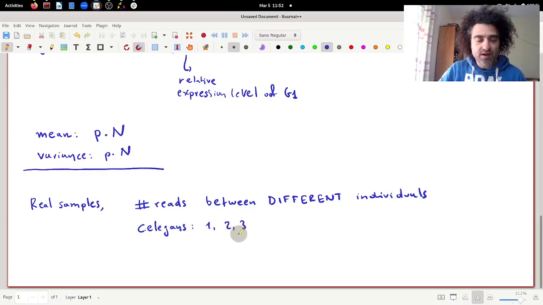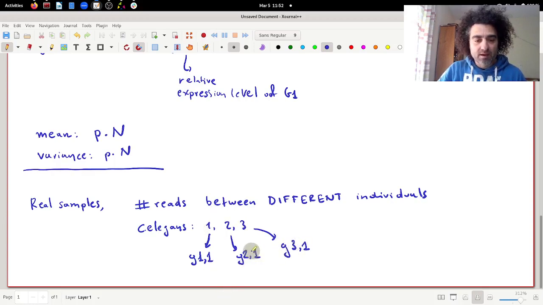And for each one of these 3 animals, we measure the number of reads for the same gene. And we observe different numbers of reads here. So for gene 1, let's say that we observe G1 one number of reads here, and G2 one number of reads, and G3 one number of reads. So this index 1 to 3 refers to the animal.